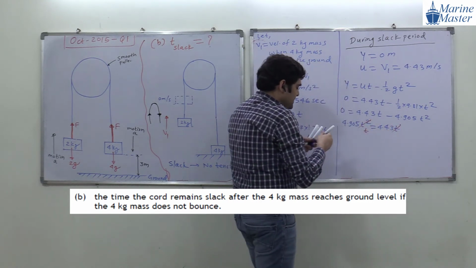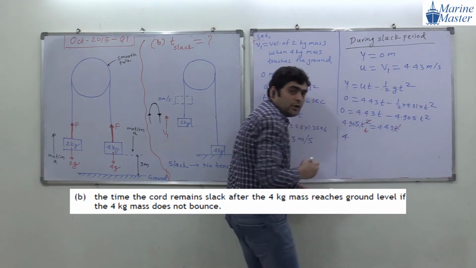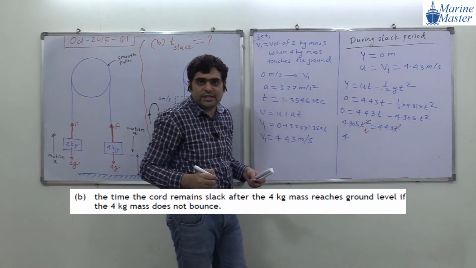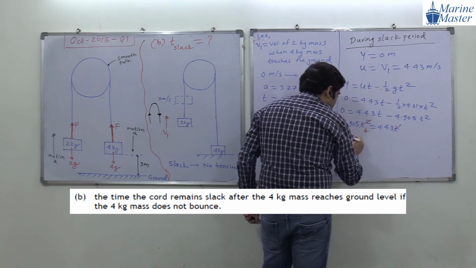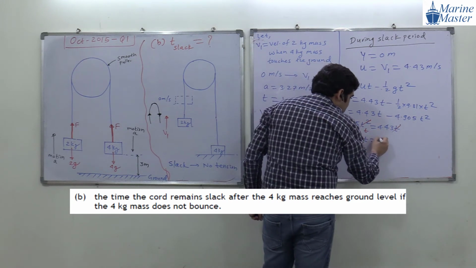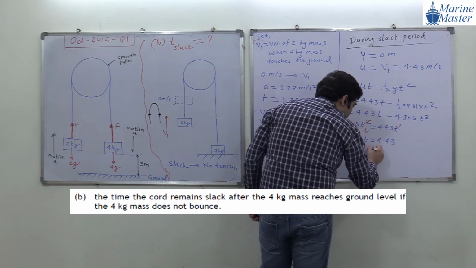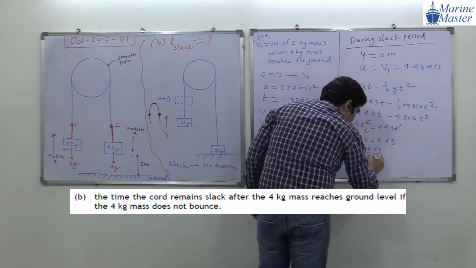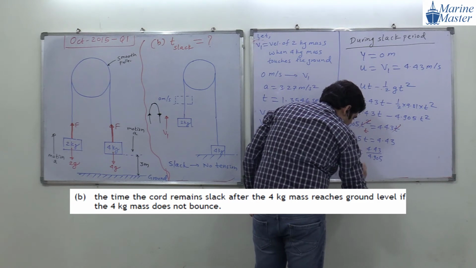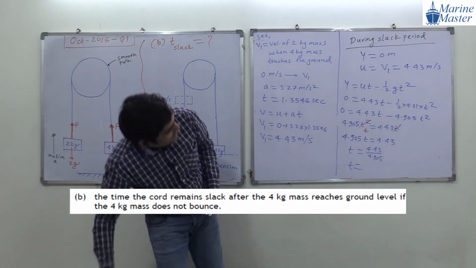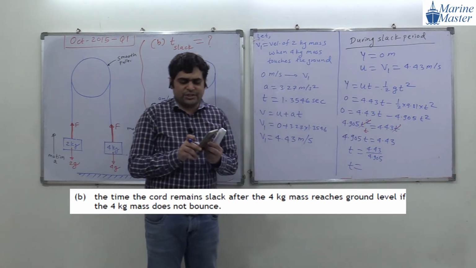So what will happen, guys, here? Try to observe the points. 4.905 t is equal to 4.43. So the time of slack will be what? 4.43 divided by 4.905. Everyone do the calculation and tell me the value of t. Very simple discussion, guys.